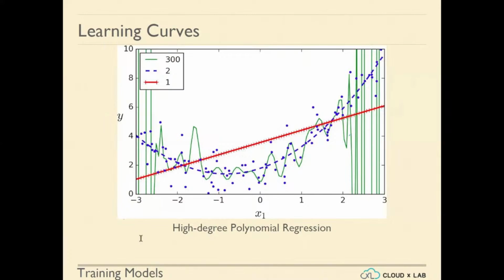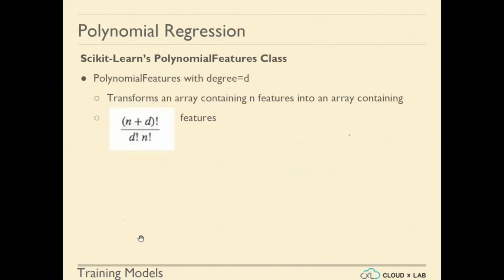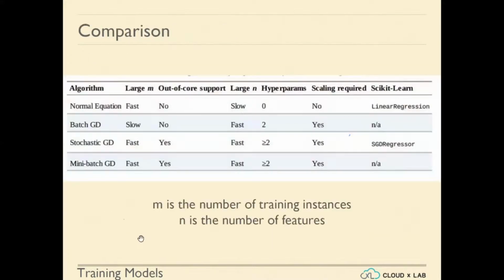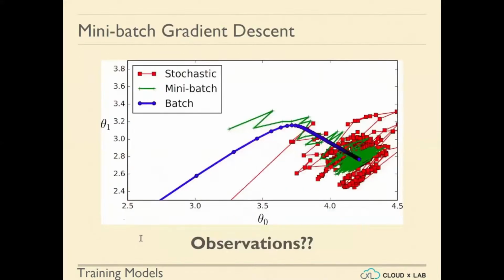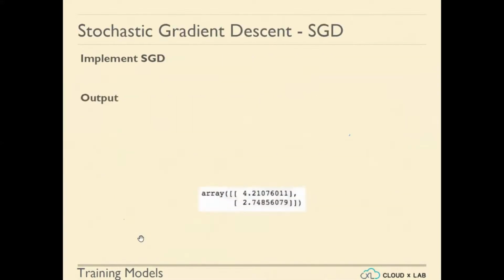So let me take a linear example, because if we are fitting a degree 5 polynomial, there will be lots of terms, and it may confuse you.